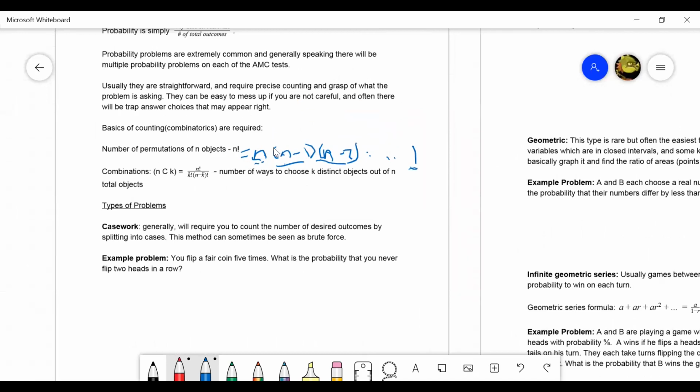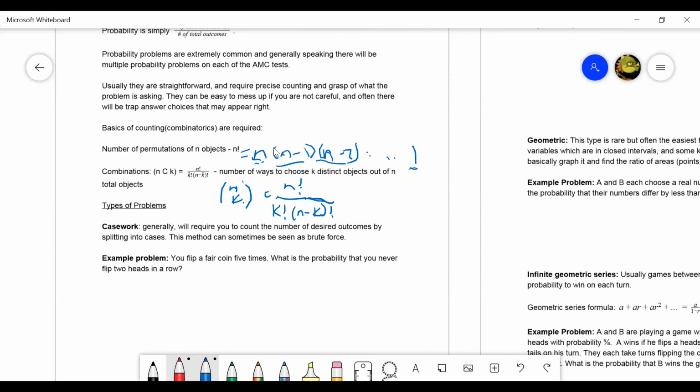Next is combinations, and this is really important to know in general, even not in probability, just in straight up counting. Combinations are used in most problems, and it basically says n choose k is equal to n factorial over k factorial times n minus k factorial.